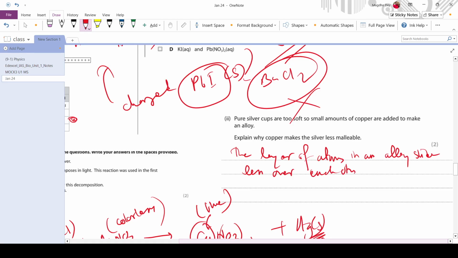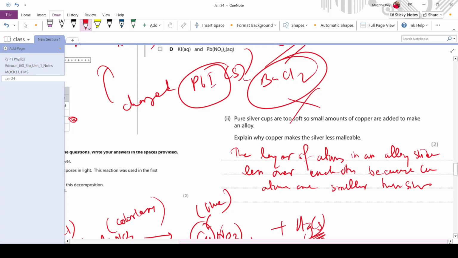So that is why the malleability decreases. Now, why does it happen? Simply because copper atoms are smaller than silver.